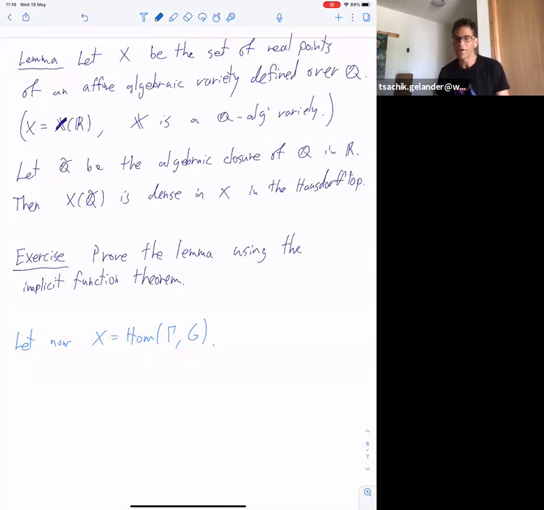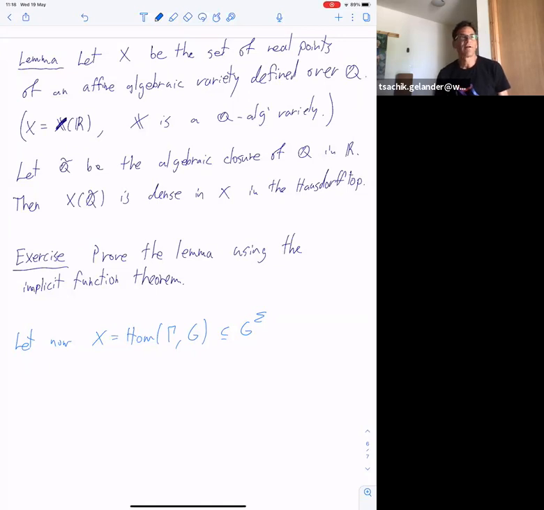It's exactly how I described before. You can think of this as a subvariety of G to the σ, where σ is a generating set, and it's defined by the relations that define Γ.